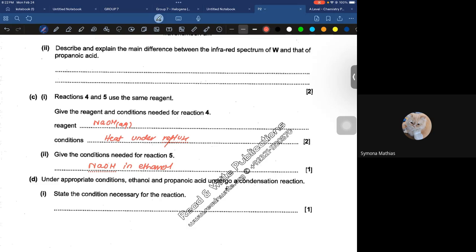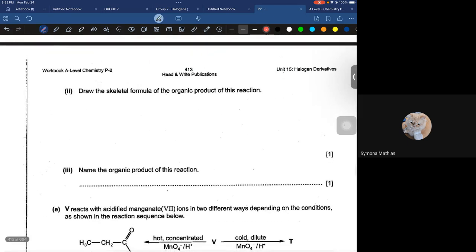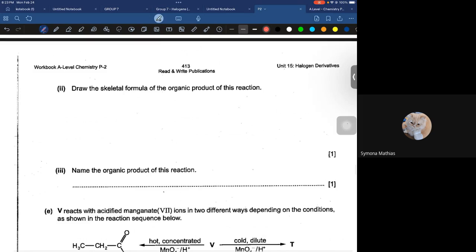So this is known as a condensation reaction, and also this is known as an esterification reaction, the same thing. But we haven't done esters, so I'm going to skip this question. We are only doing topics related to haloalkanes. Draw the skeletal formula of the organic product.